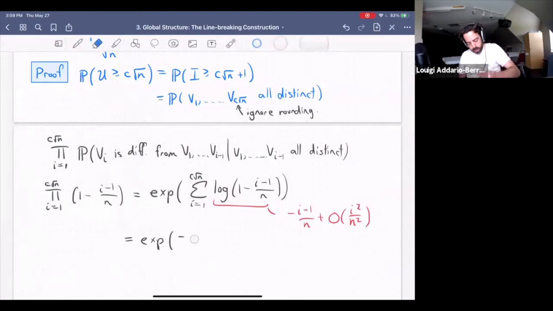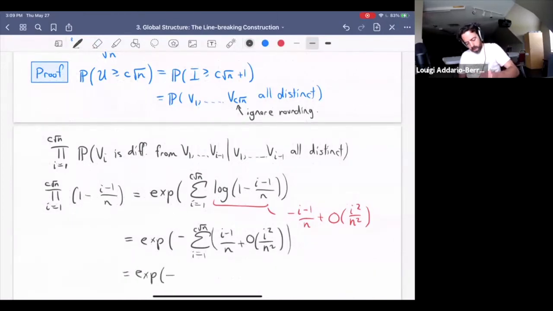Let me write that: that's the same as the sum i from 1 to c root n of i minus 1 over n plus order i squared over n squared. And now that gives me e to the minus c squared on 2 plus order c cubed on n to the half. So c cubed on n to the half is the error term I get from summing this remainder term here.